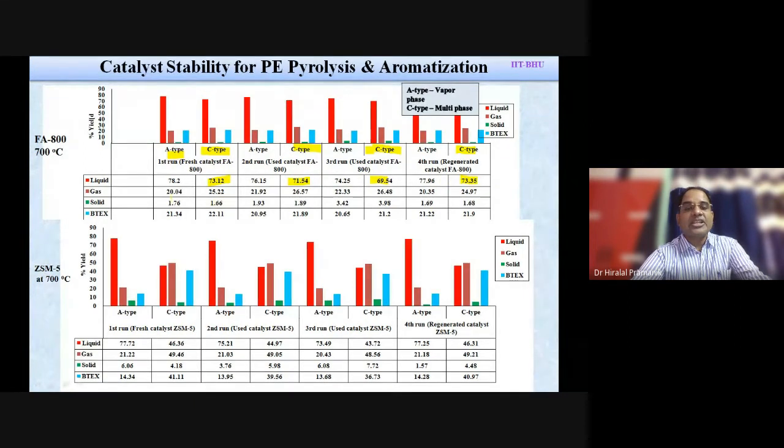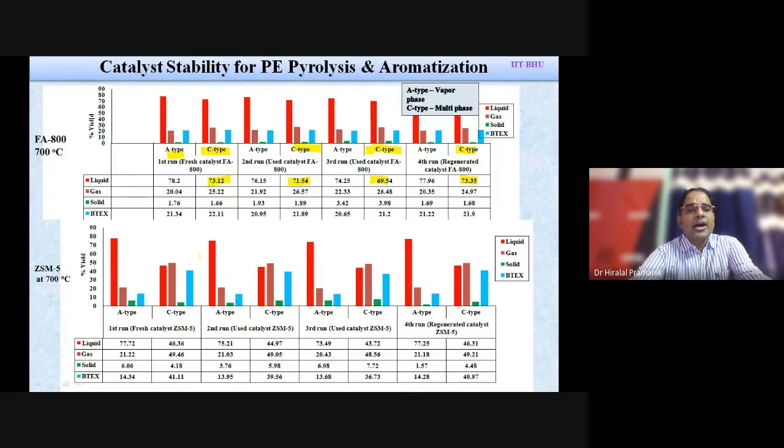So 73 and 73, the first one, even the fresh catalyst giving almost the same result. You can say it improved a little bit, and this change I can say is a minute error maybe in calculation, right? Otherwise, you have to give some logic for why the yield is now better than the fresh one after regeneration. Maybe the catalyst is now more activated after regeneration and active sites are more. Or you can say that there might be a minimum error, because between 0.12 and 0.35 there is hardly any difference, right?